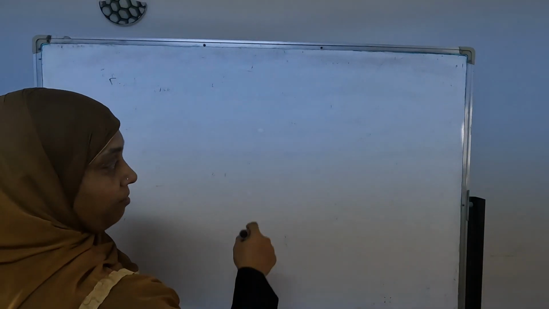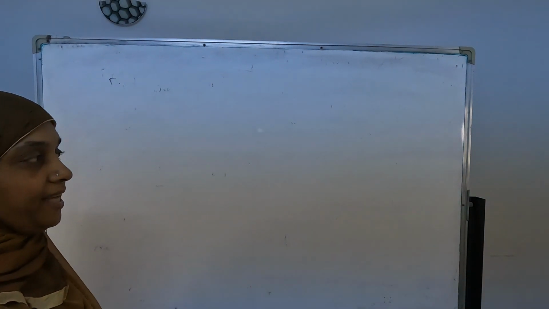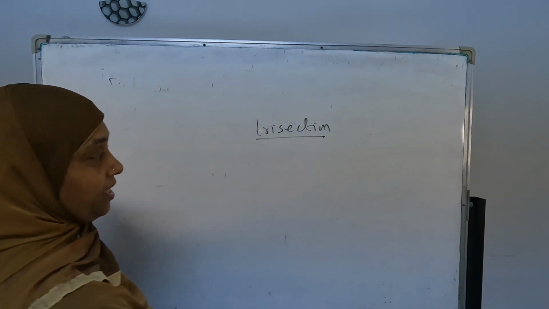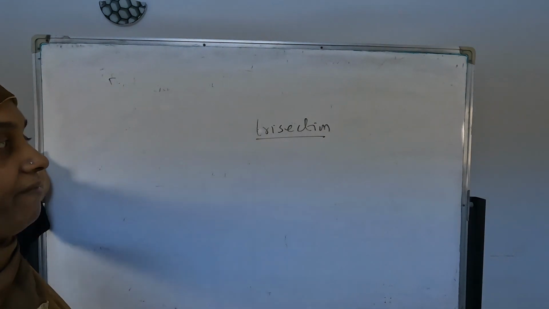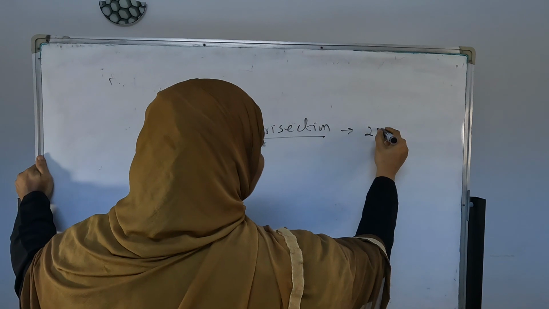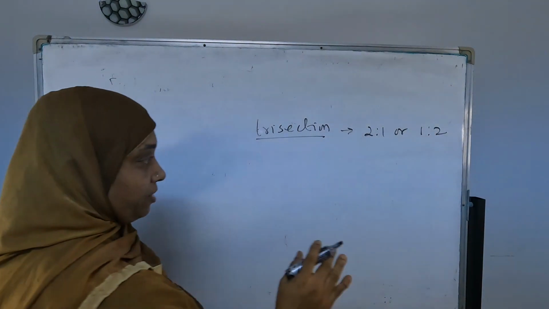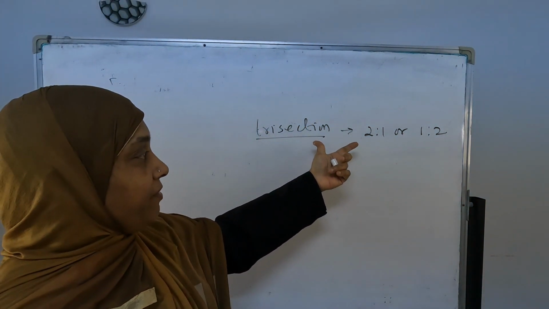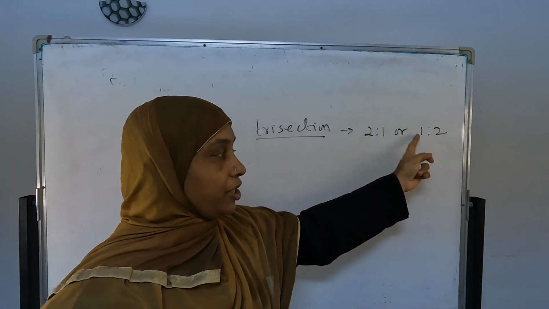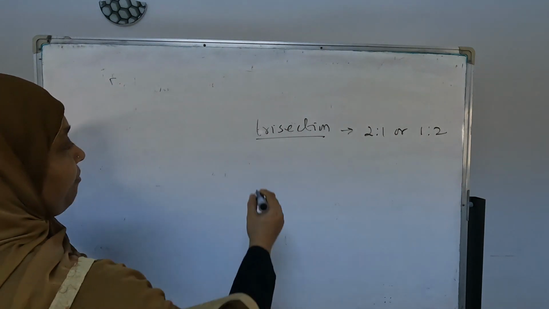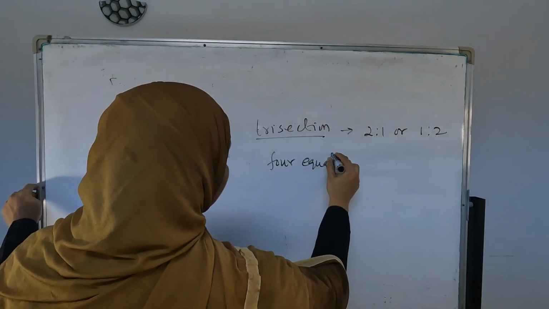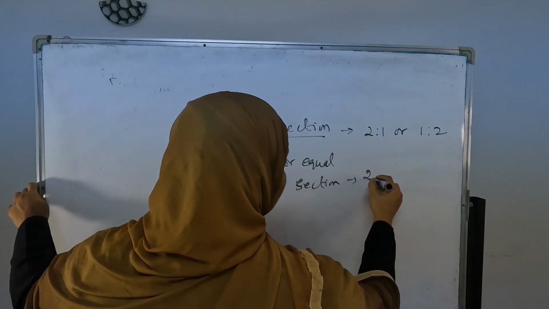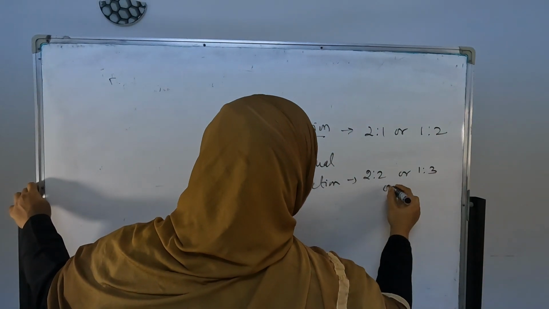In the same kind of sum, if the line is divided as a trisection, then no ratio will be given, so you have to use the ratios 2:1 or 1:2. If the line is divided into 4 equal sections, then you have to use the ratios 1:3, 2:2 or 3:1.